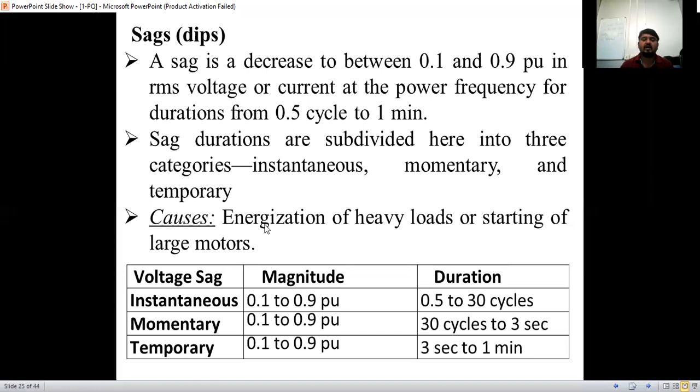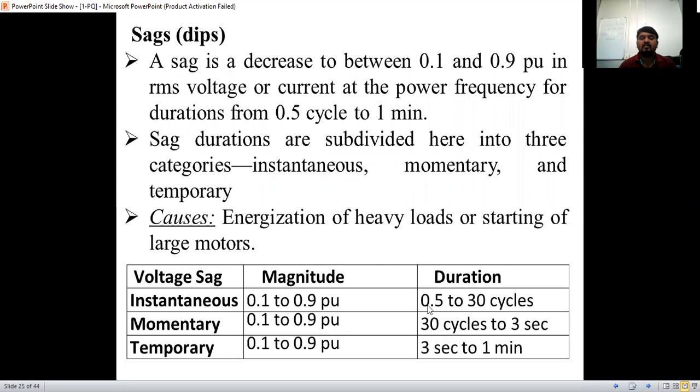These are categorized into 3. The magnitude of voltage or current may be the same, 0.1 to 0.9 per unit, for instantaneous, momentary, and temporary, but the duration changes. If the duration is half a cycle to 30 cycles, that is called instantaneous.